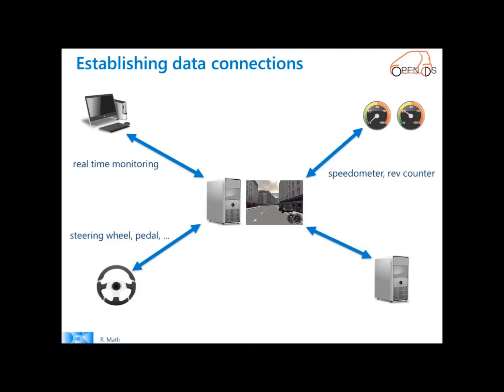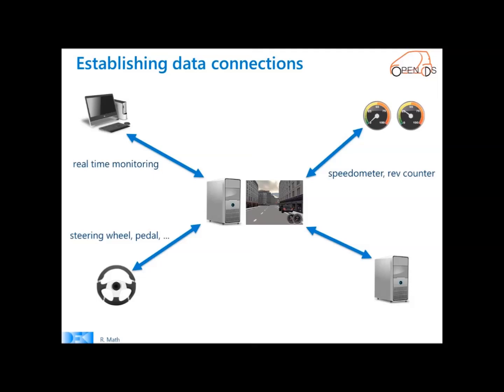I'm going to give you a brief overview of a new feature in OpenDS, a network interface that allows you to pass data to the simulator from another machine or another program and get data from the simulator. You can imagine a lot of use cases for this.